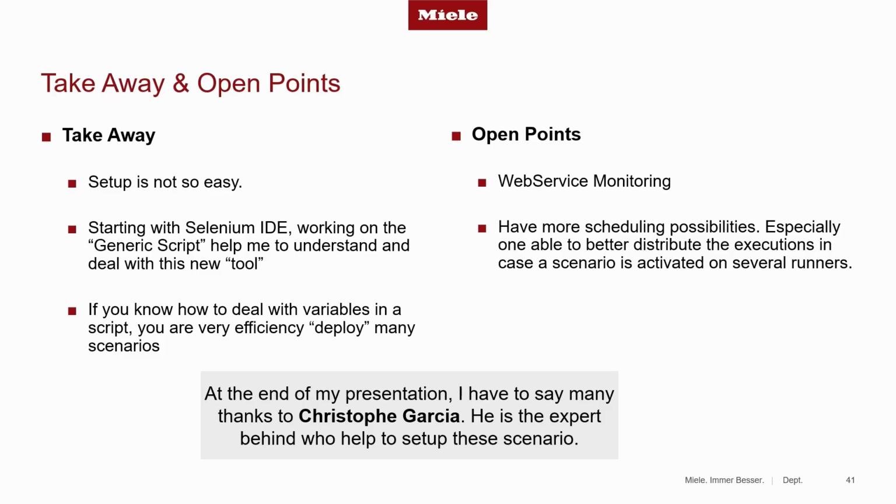Scheduling possibility. If you have, in my case, 2 runners, and you start deploying a new script, both runners start the script at the same time. The minimum period is 300 seconds, so normally it makes sense that the first runner starts now, and after 150 seconds the second runner should start, from my point of view.